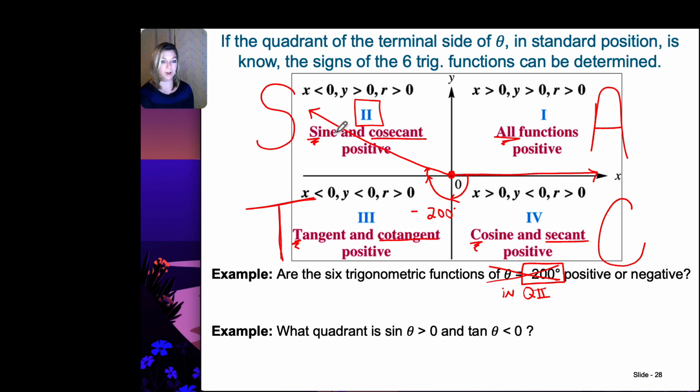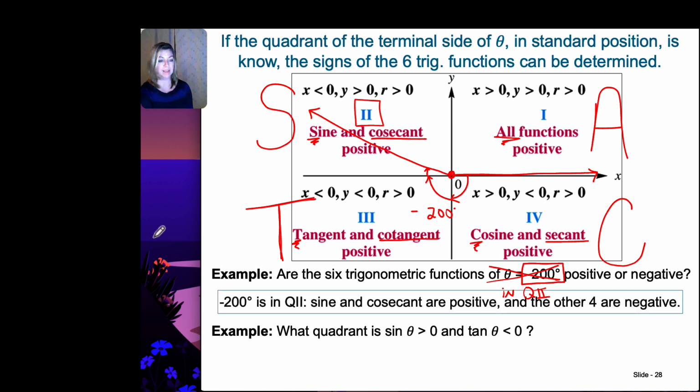All right, so we go over here to quadrant 2, all students. So S for students means sine and cosecant. Those are the only ones that are positive. The other 4 are negative. So we can write it up like this. Negative 200 degrees is in quadrant 2. Sine and cosecant are positive, and the other 4 are negative.